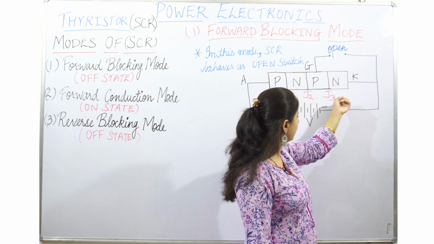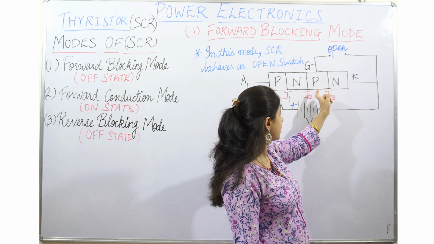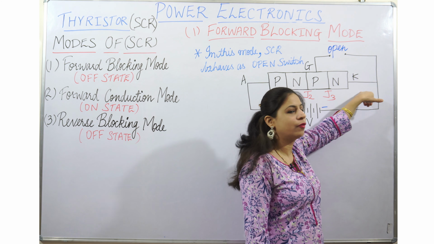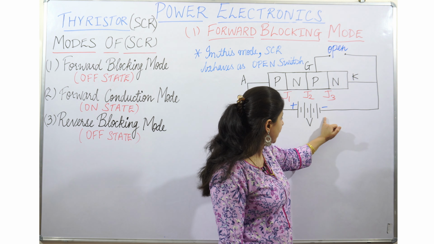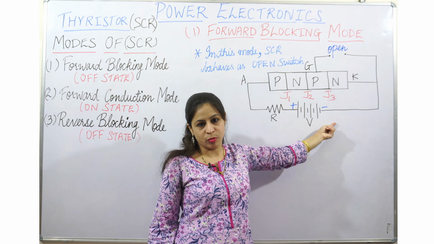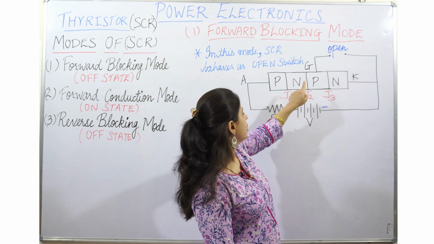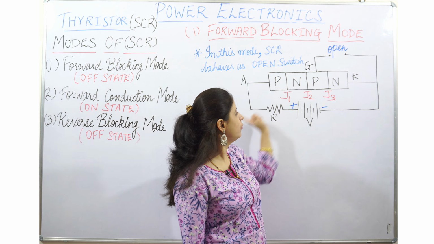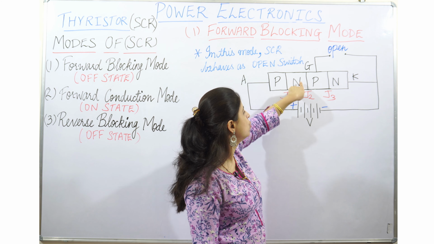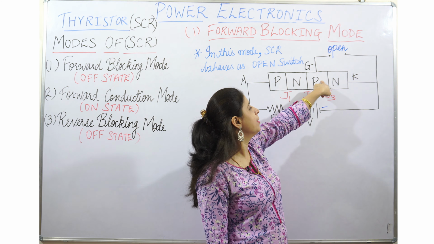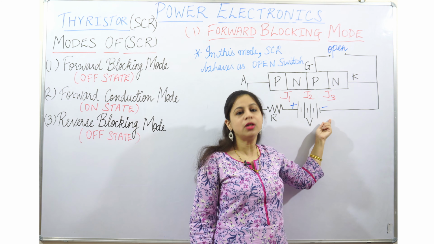Junction J3 comprises P and N-type semiconductor, and the N-type is connected with the negative terminal of the battery, that means the cathode. At junction J2, it is N and P, so the N-type semiconductor is connected towards the positive terminal of the battery and the P-type semiconductor towards the negative terminal.